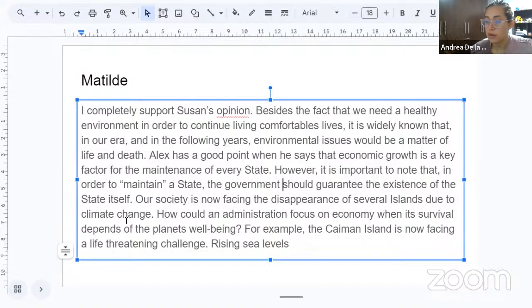Good. How could an administration focus on economy when its survival depends on the planet's well-being? Perfect. For example, the Cayman Islands are now facing a life-threatening challenge, rising sea levels. Okay, good.